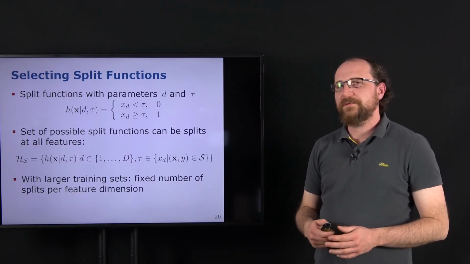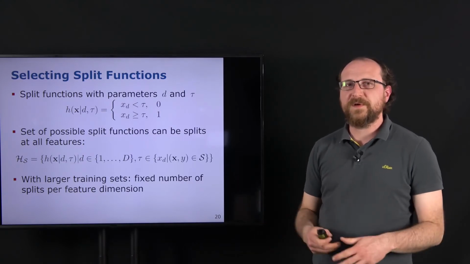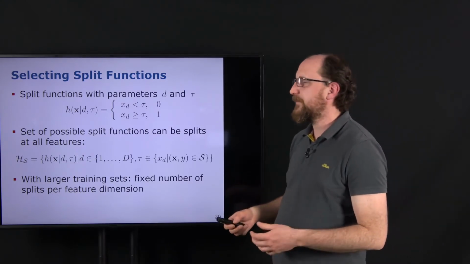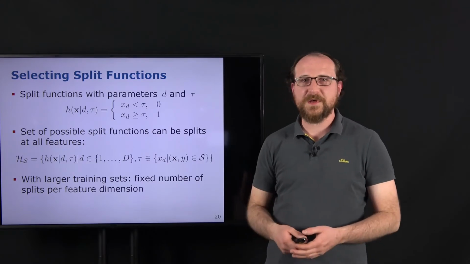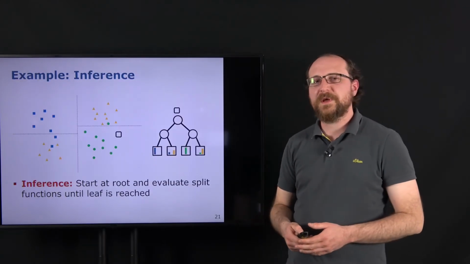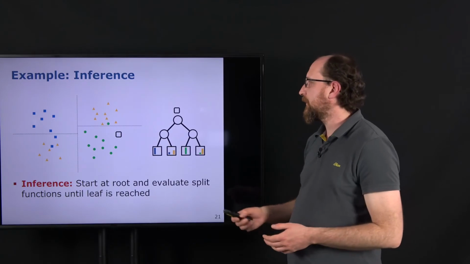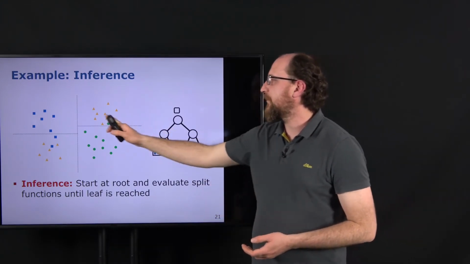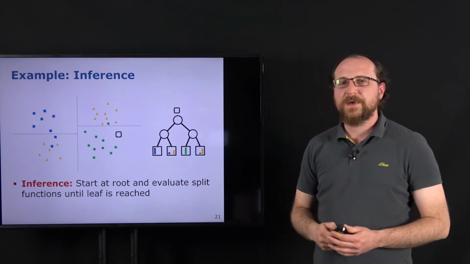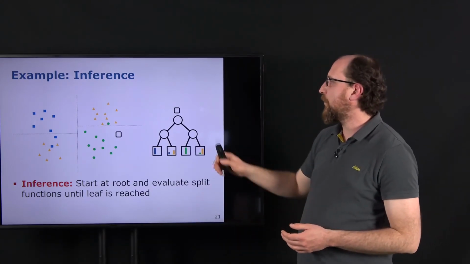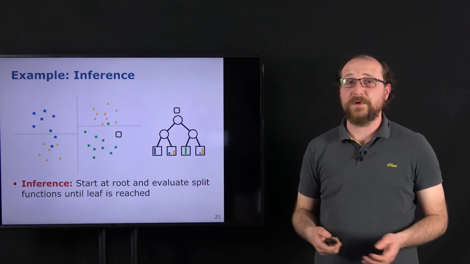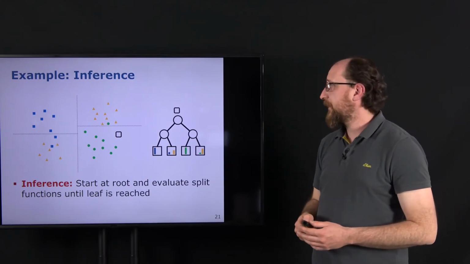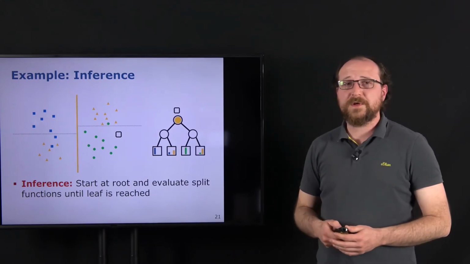But this is something that you can decide in the end. And when you then have used the build function, it always determines the split function with the largest information gain and splits your set. You might then get something like this, so that you have the decision tree, and each node now induces some split in the feature space. When we have a new point that we want the label for, we just walk down the tree, starting from the root.